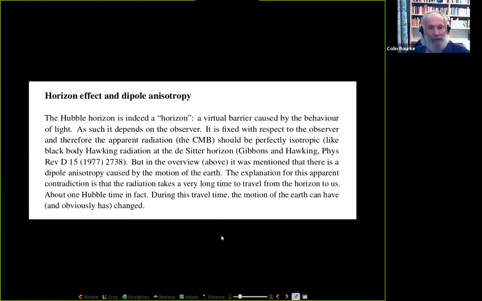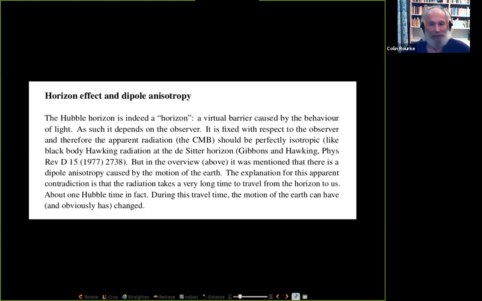It's a virtual barrier caused by the behavior of light. So it depends on the observer, so it should be fixed with respect to the observer. And the apparent radiation, the CMB, should be perfectly isotropic. Like black body Hawking radiation, this is a horizon. Gibbons and Hawking played with this, but it's much, much too small coming out of the Hawking radiation, quantum stuff. You need real solid stuff.